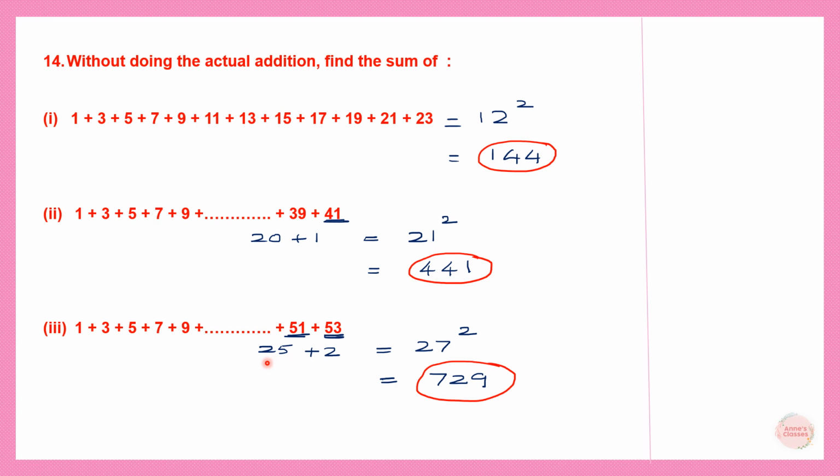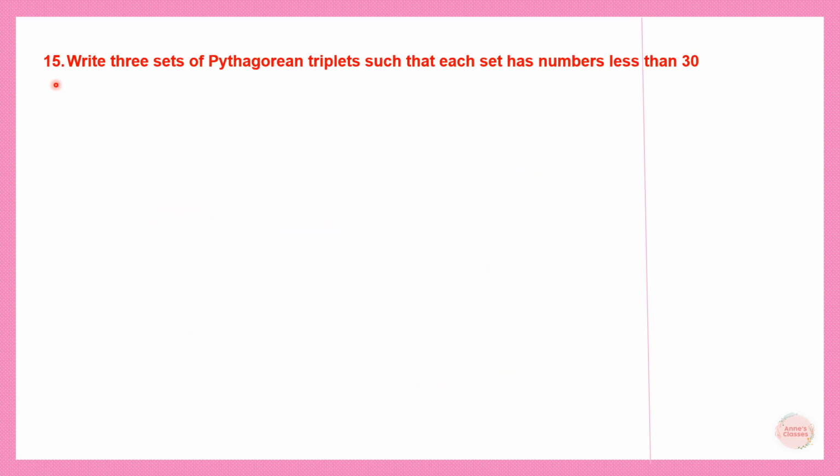So up to 50, there are 25 odd numbers. Then we have two more here, 51 and 53. That's how we got 2. Now add both, you get 27. To find the sum of all this, all you have to do is 27 square, and you get 729. This is our answer.